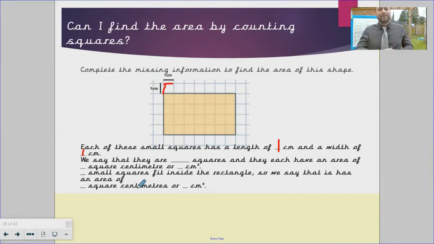We say that there are squares and they each have an area of 1 square centimeter.